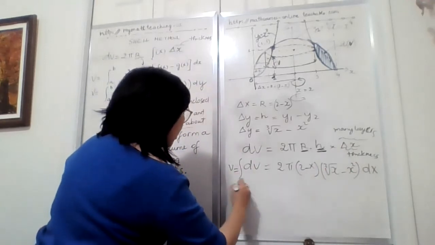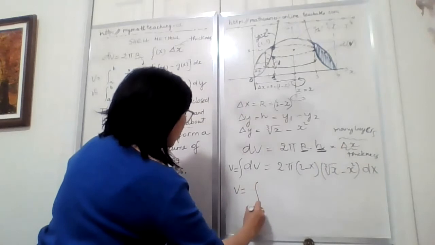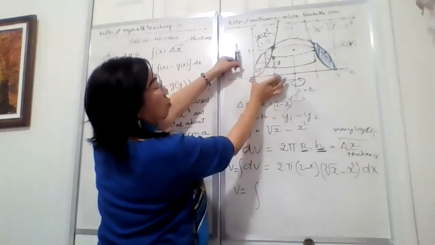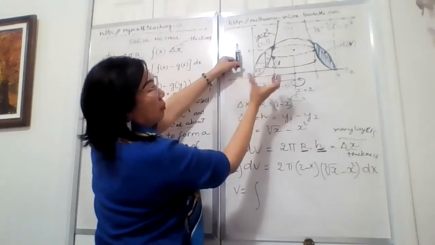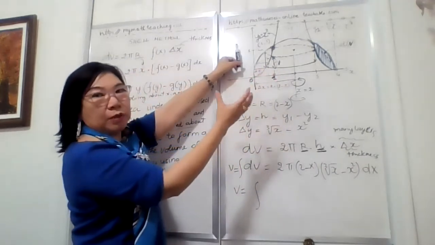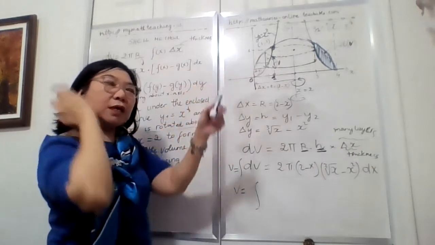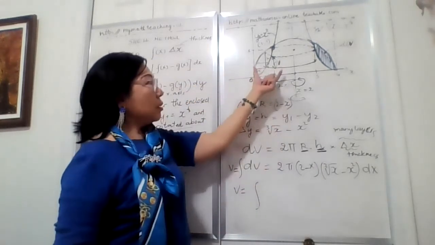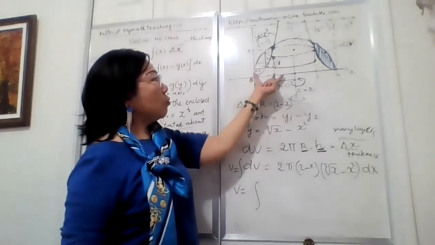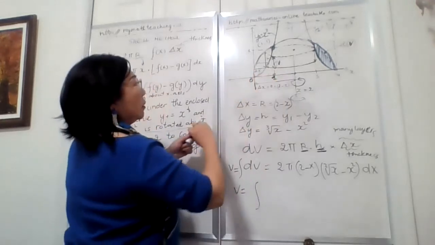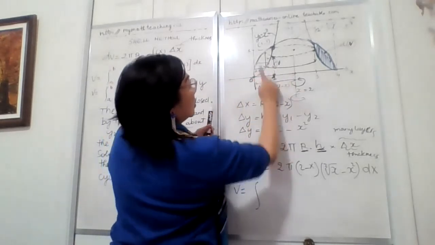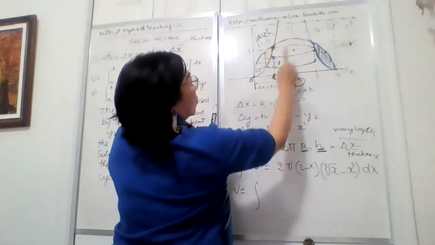So we're going to generate this volume from 0 to 1, from inward to outward. Keep in mind that I explained on the previous video that when we generate this volume, from inward to outward, our rotation still follows the vertical line.